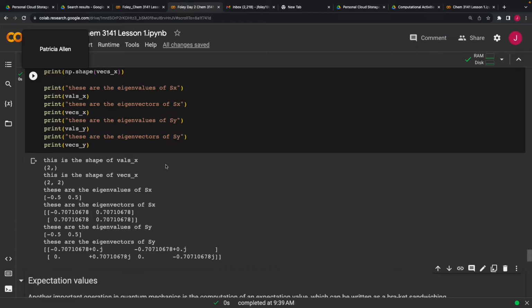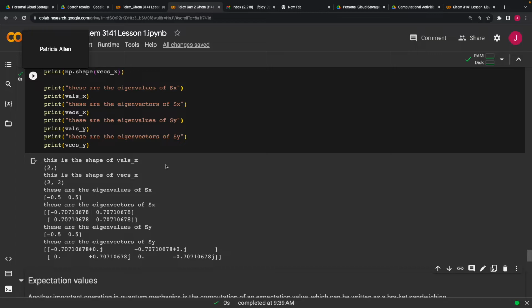Anybody still working on this? Are we okay? Oh, I have a question. For the first one, is this saying that it's a row of two? It's two rows. Yes, two rows.